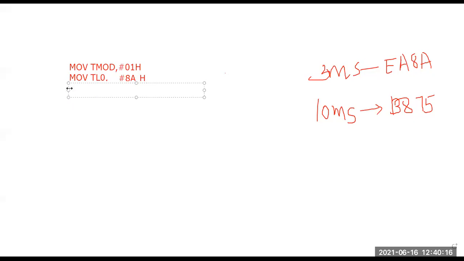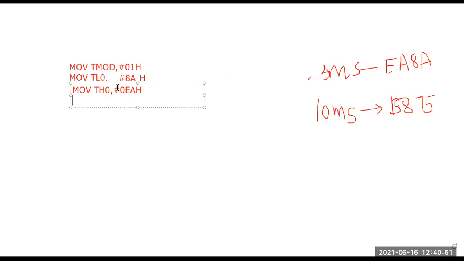That is, MOV TH0, comma, what is that value? EA. Okay, hash. Because it starts with an alphabet, you should add a 0 here. #0EAH you have to give. Okay, now TL0 is loaded with the on period value, and TH0 is also loaded with the on period value, that is EA8A.